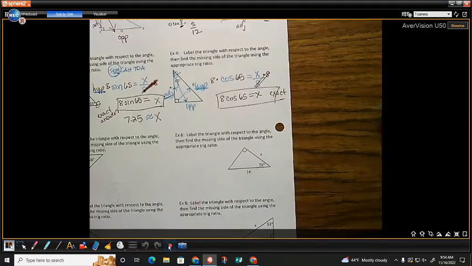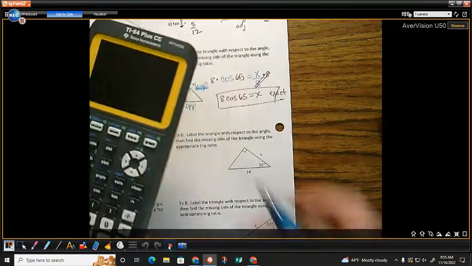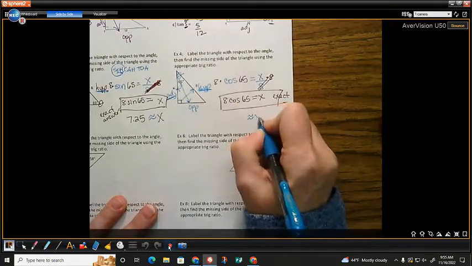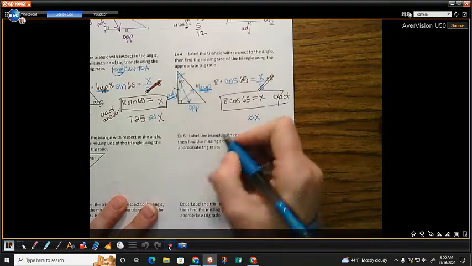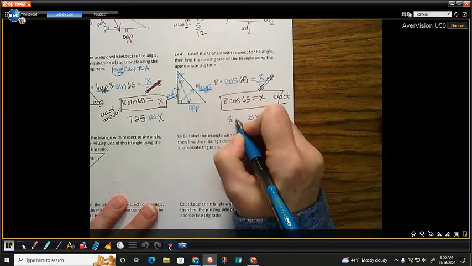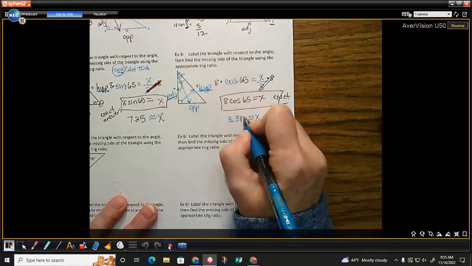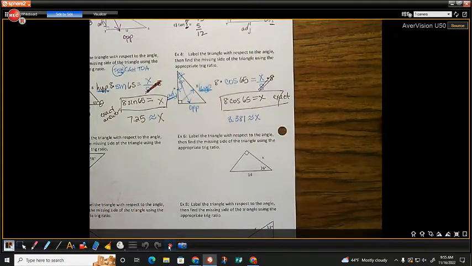But what if I ask for the approximate answer? What do you have to do? You have to ask your calculator, what is 8 times the cosine of 65? And what do you get? 3 point 381, and so on. 2 or 3 decimal places is best with trig.